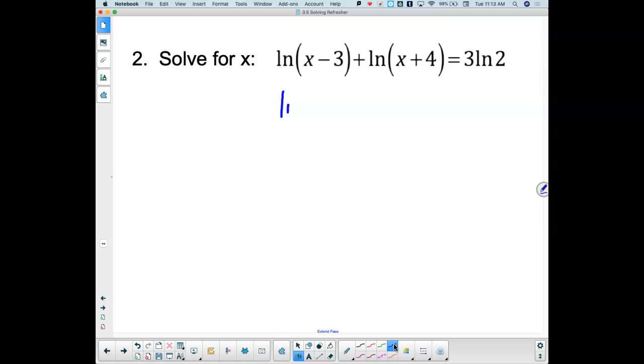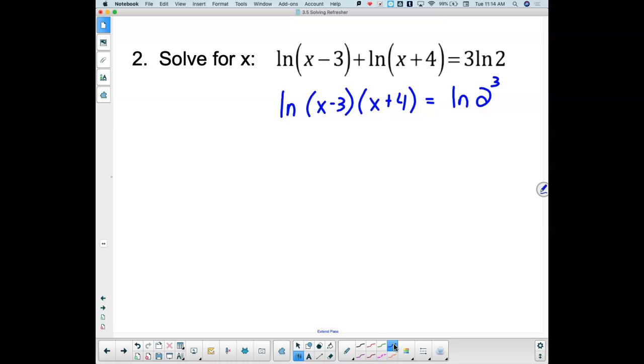So this would become the natural log of x minus 3 times x plus 4 if I apply the product property from the other day. And that's going to equal the natural log of 2 cubed if I apply the power property from the other day. Okay. Now that I've got natural logs on both sides, I can get rid of the natural logs on both sides.